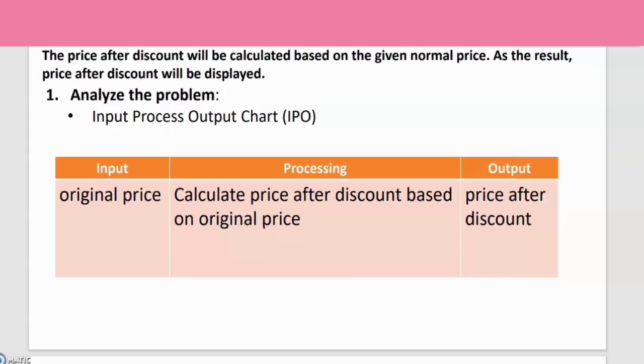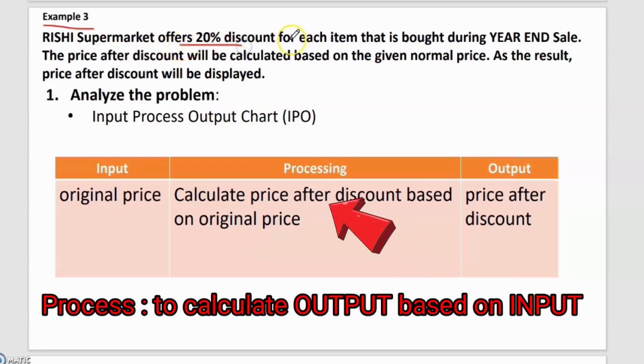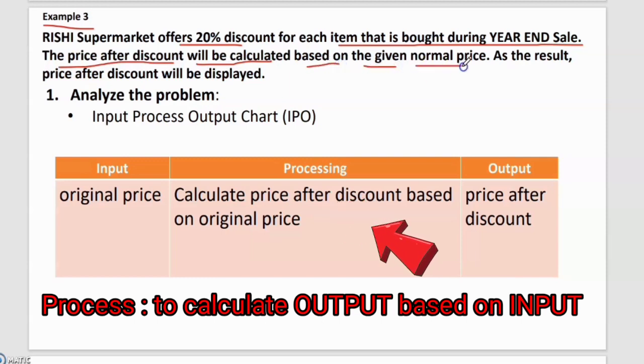Number 3. Rishi Supermarket offers a 20% discount for each item that is bought during the year-end sale. The price of the discount will be calculated based on the given normal price. As the result, the price after discount will be displayed. So the first thing, you must do the IPO. Analyze the problem and identify the input, process, output. For this problem statement, the output is the price after discount.